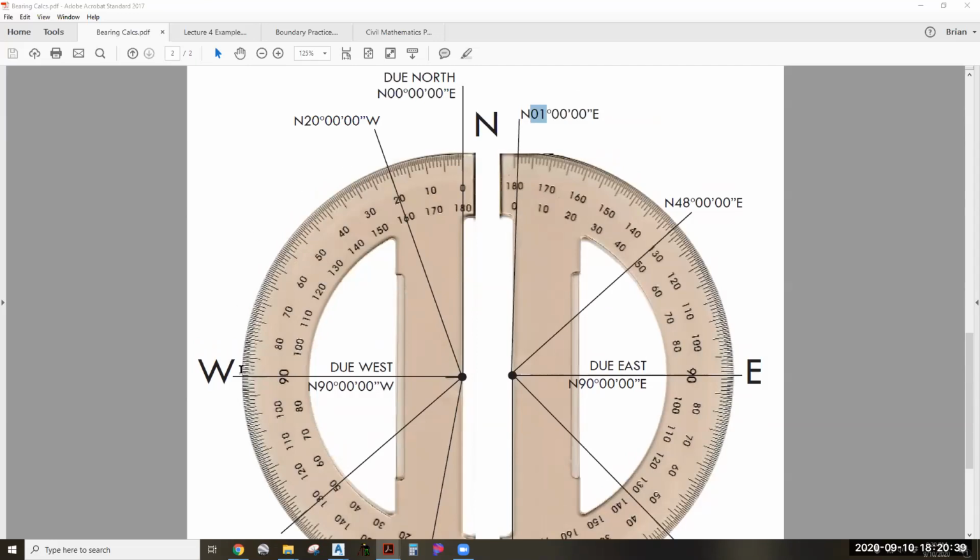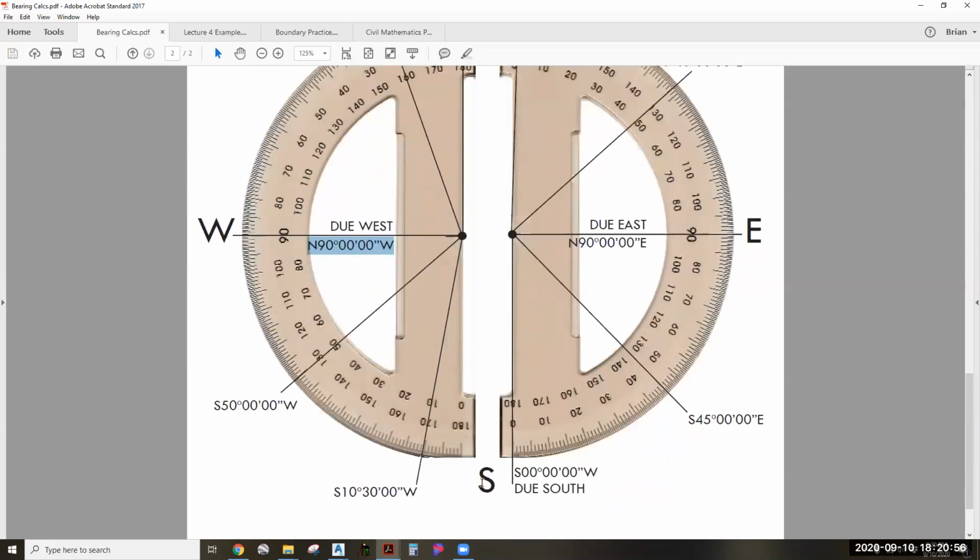Let's come over here to the west line. It can fall between the north and the west, as I've indicated here, or it can also fall between the S and the west.